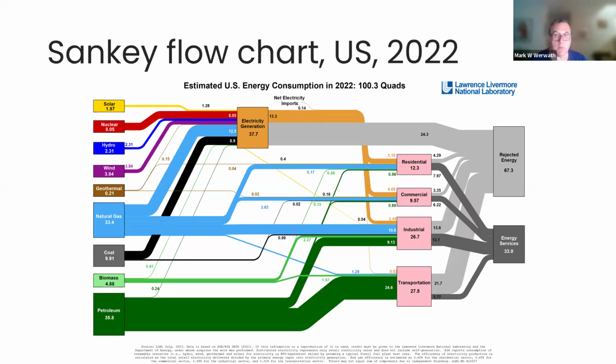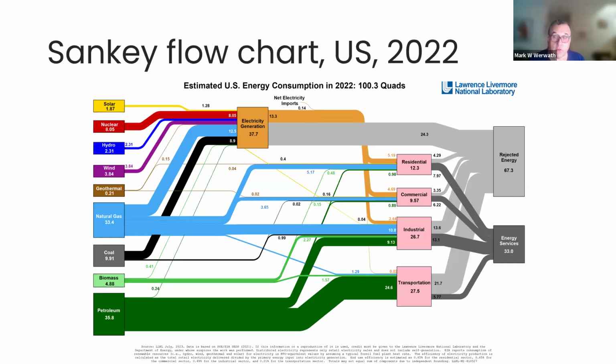So the bottom line is we are rejecting or losing, dissipating into the environment more energy. We're rejecting more energy on a 2-to-1 ratio compared to what's actually being put into proper use, actual use at the point of use.